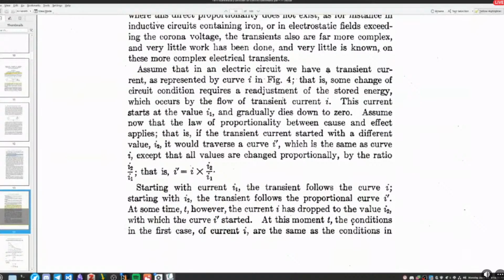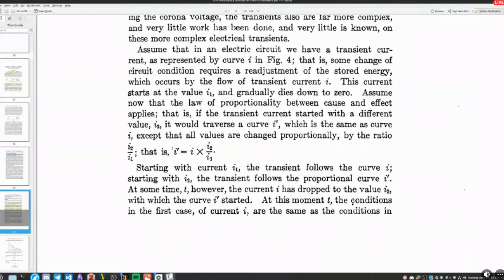Assume now that the law of proportionality between cause and effect applies. That is, if the transient current started with a different value I2, it would traverse a curve I prime, which is the same as curve I, except that all values are changed proportionally by the ratio of I2 over I1, that is, I prime equals I times I2 over I1.